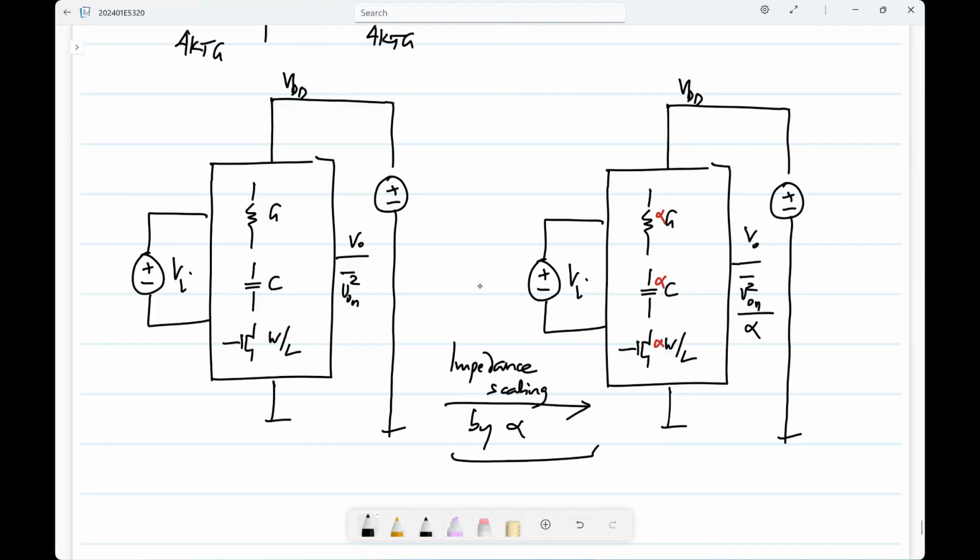Now what else is different between these two circuits, you think? What else is different? The voltages are all the same. What else is different? What's that? Impedance. So in particular, let's say this is drawing some current Ix. What will be the current drawn here? Alpha Ix. Okay.